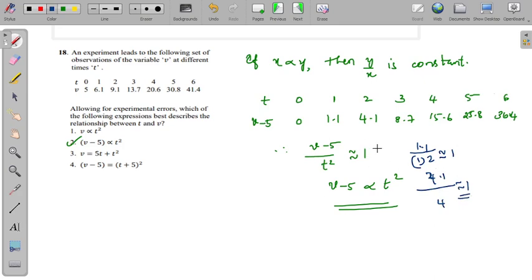So all these will give you a constant ratio, meaning v minus 5 is directly proportional to t square, or t square is directly proportional to v minus 5. Anything is fine. Therefore, the second option is the correct answer for this.